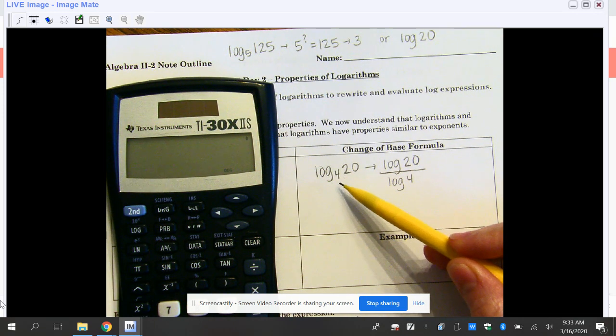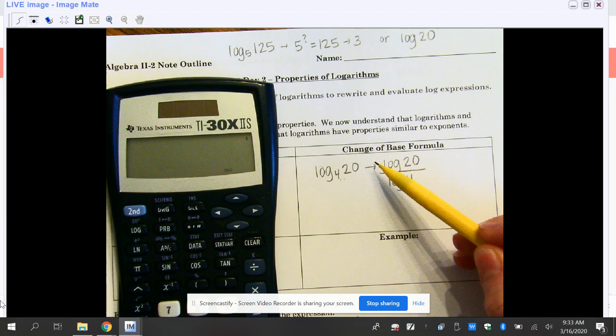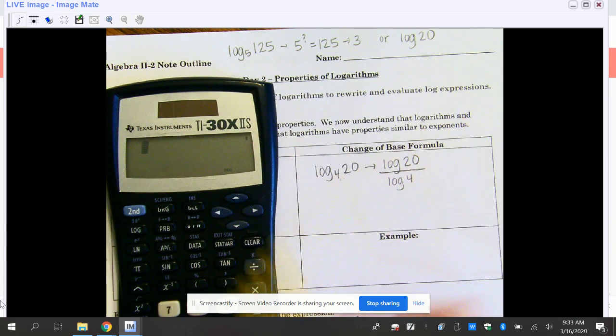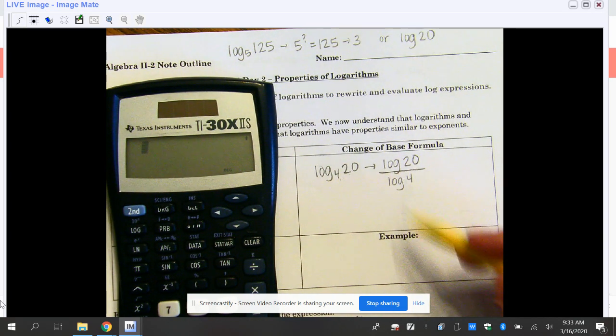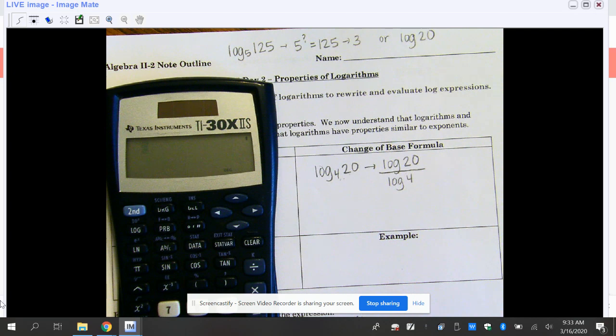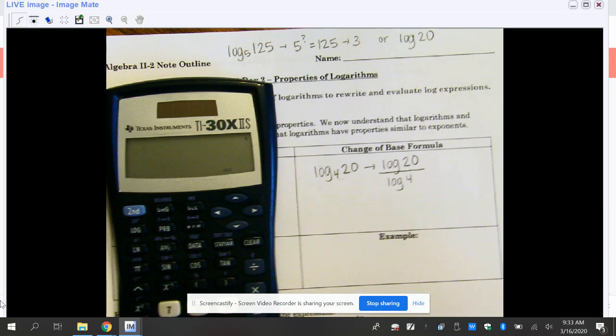Because we could still think of this as 4 to what power is 20, and then just do trial and error on our calculator until we get as close as we possibly can. But we want a more efficient way to do that, right? So that's where this change of base formula comes in. I probably should put that down in the example, but this will work every single time.